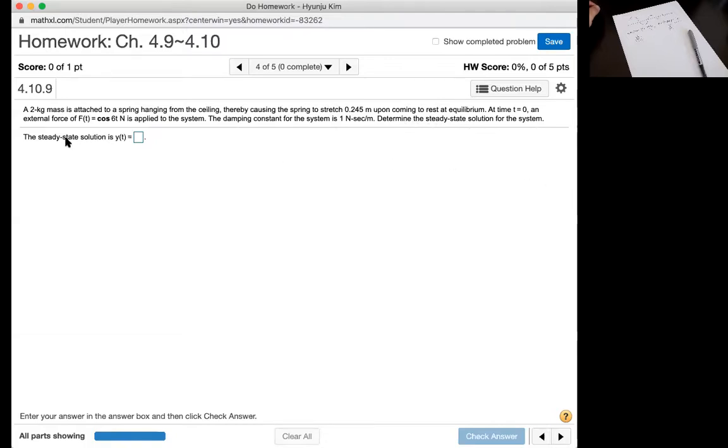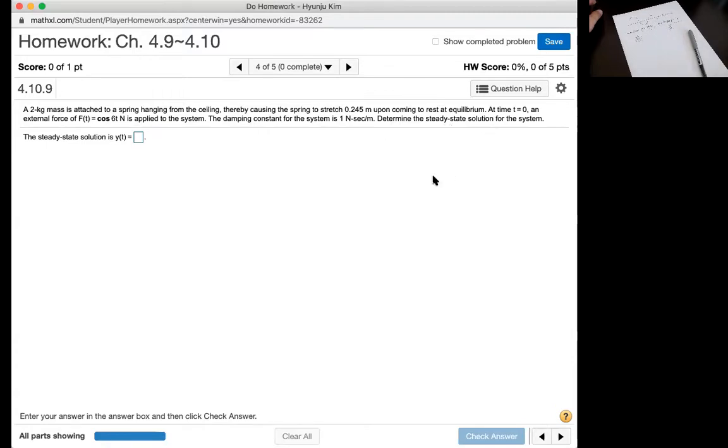As you can see, the mass is attached to a spring hanging from the ceiling, and the mass is 2 kilograms. Once the mass is attached, the spring will be elongated from the equilibrium position by 0.245 meter.